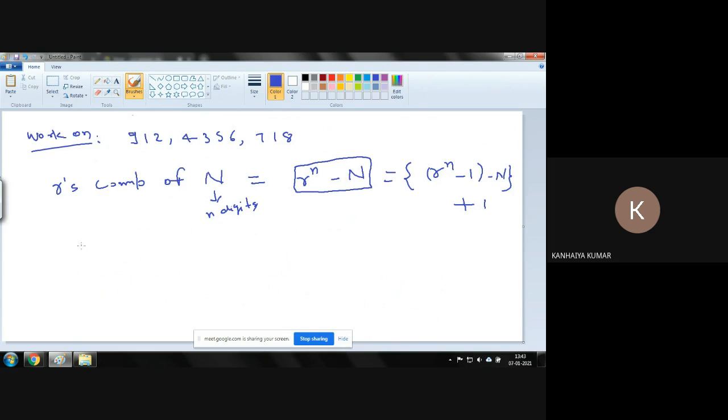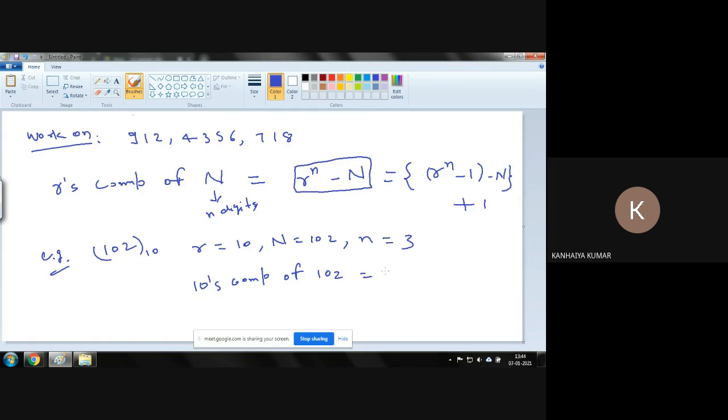So for example, let's say we have the number 102 again. Your r is equal to 10, capital N is equal to 102, small n is equal to 3. So what is the tens complement of 102?